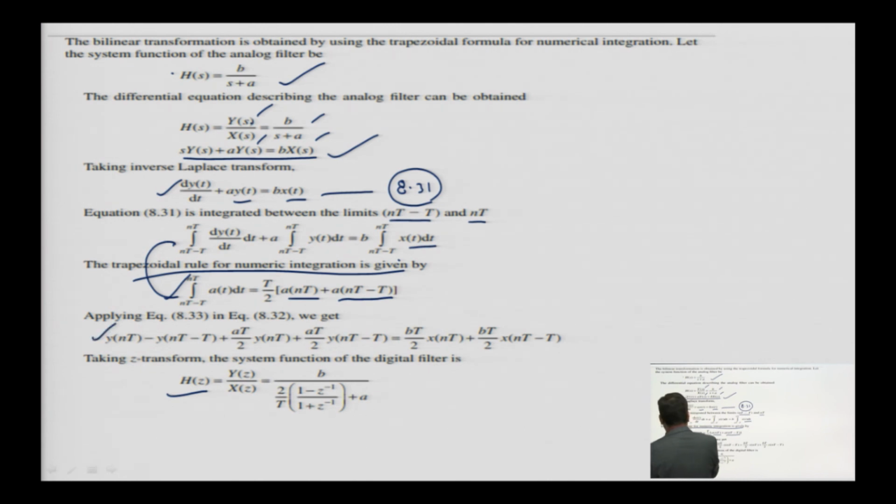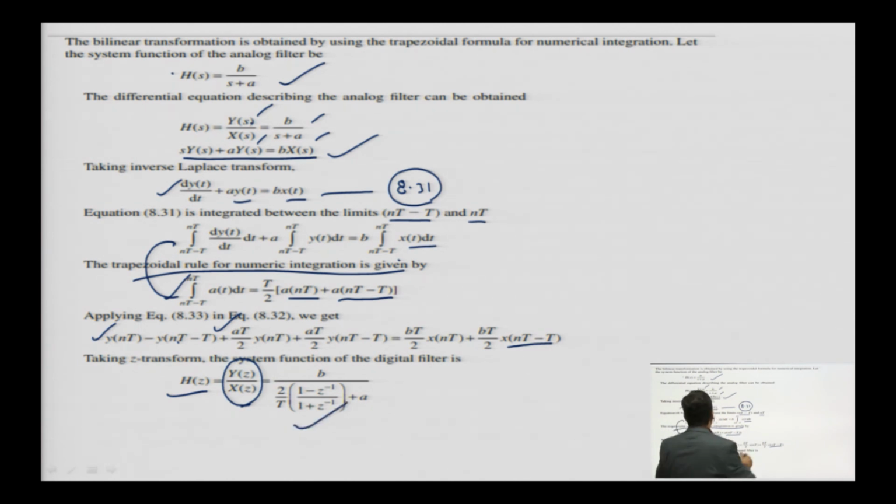you will get y(nT) minus y(nT minus T) plus aT upon 2 y(nT) plus aT upon 2 y(nT minus T) is equal to bT upon 2 x(nT) plus bT upon 2 x(nT minus T). Now, if you take the z transform of this and convert into Y(z) upon X(z), then you will get this one.